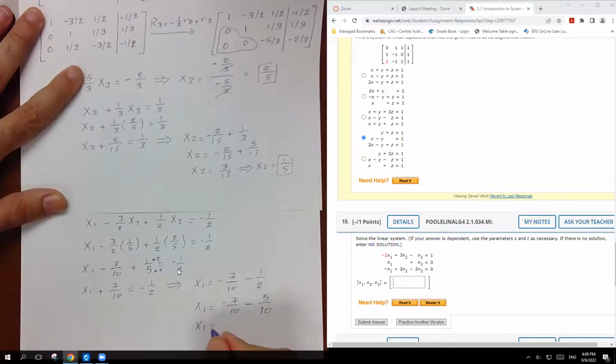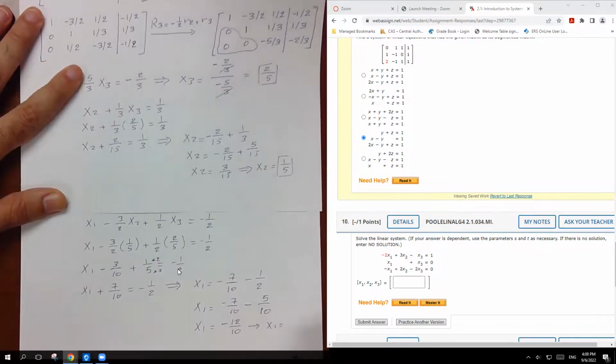And then x1 is going to be equal negative 12 over 10. That means x1 is going to be negative 6 over 5. So this is x1.